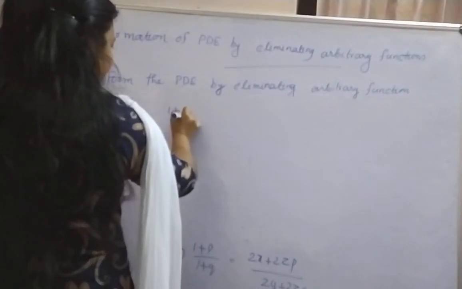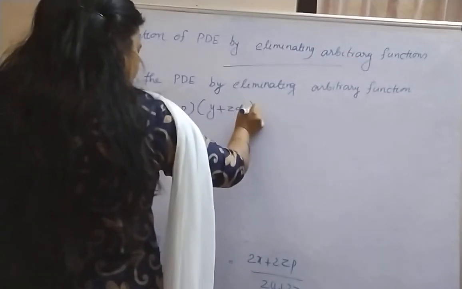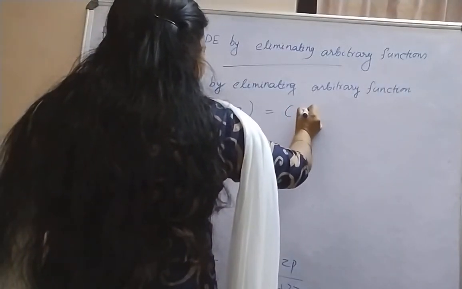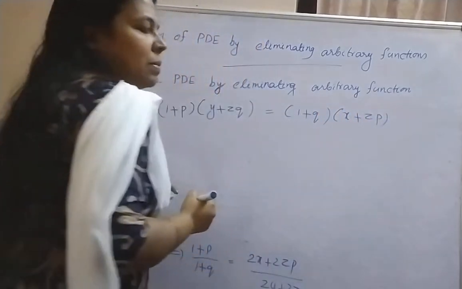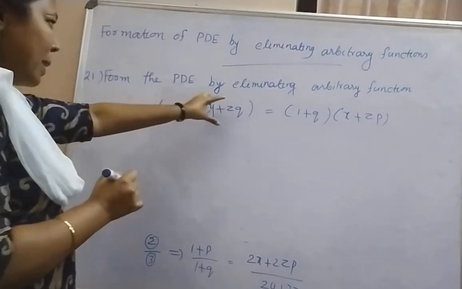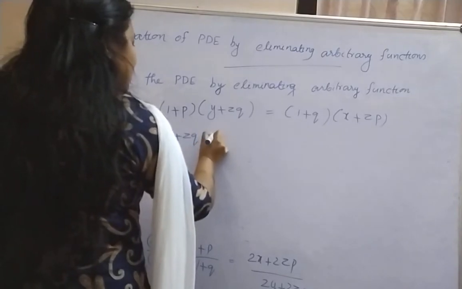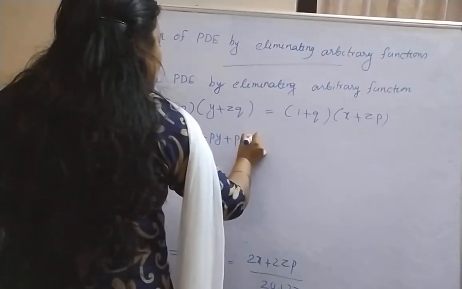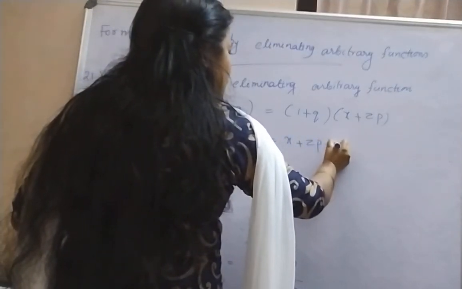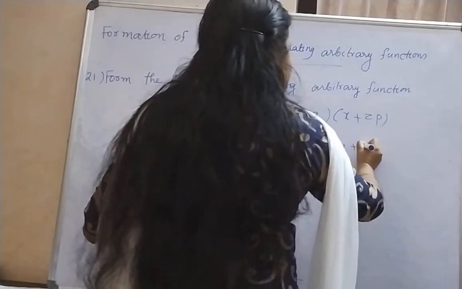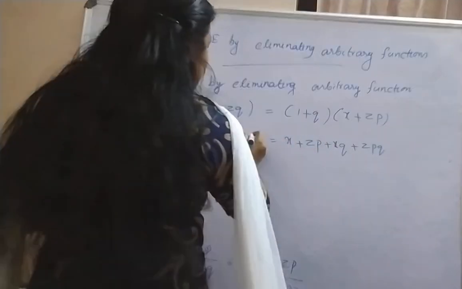Then by cross multiplication, 1 plus p into y plus zq equal to 1 plus q into x plus zp. Then by opening the brackets, y plus zq plus py plus pzq equal to x plus zp plus xq plus zpq. Then zpq will get cancelled.